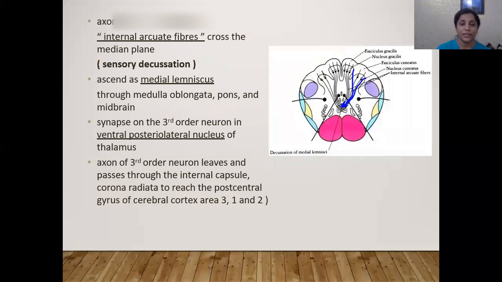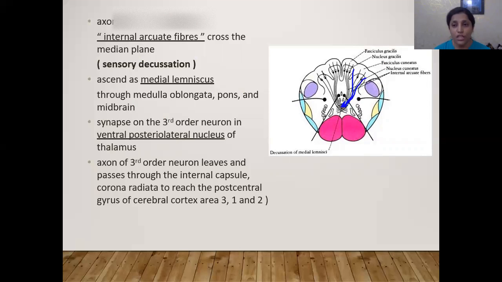Now taking it further, we see that the second order neuron originates from the medulla oblongata, respectively from the nucleus gracilis and cuneatus. And here, these fibers cross the median plane and reach the opposite side. You can see it very clearly. This type of crossing over of these fibers, which are now known as the internal arcuate fibers, is known as the sensory decussation.